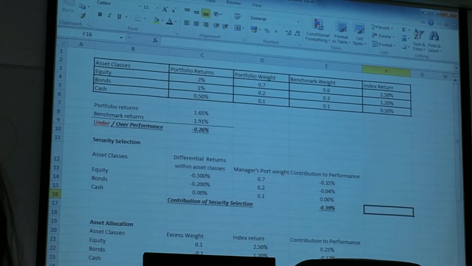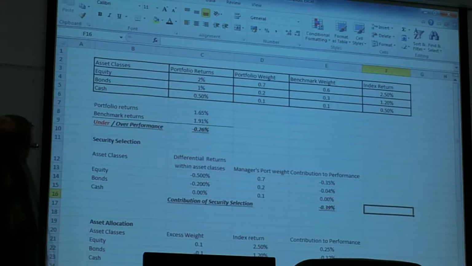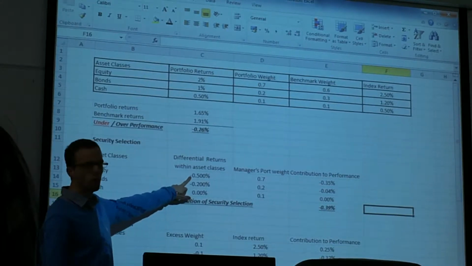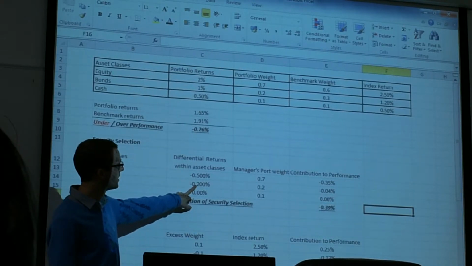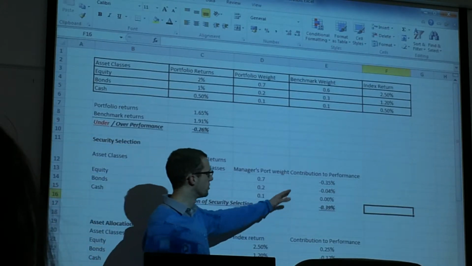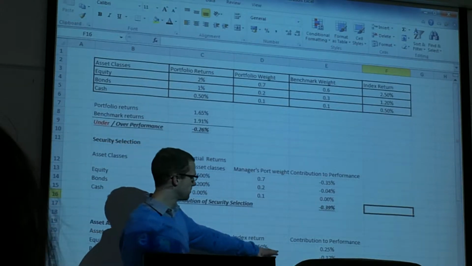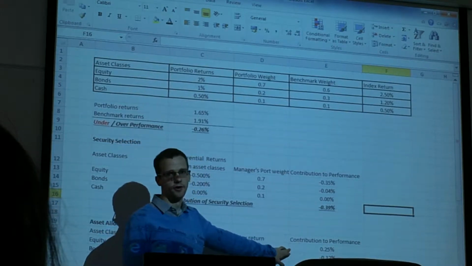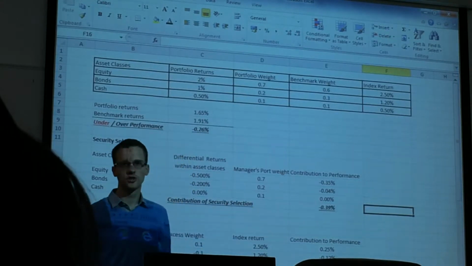So security selection is really trying to pick out within the three assets what went on. And as you point out, obviously he did underperform by 0.5% compared to the benchmark. Again, he underperformed in bonds as well, cash being the same. So you just times all that up, and obviously the numbers are negative. So despite being overweighted in equities, which would have benefited him, he picked the worst stocks within equities.